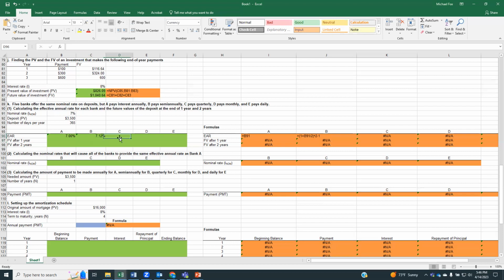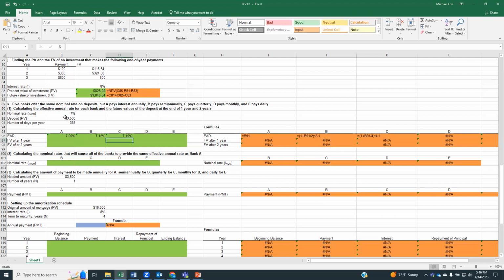So if we go to C, which is quarterly, which means 4 periods in a year, we're going to say this equals 1 plus the interest rate divided by 4, raised to the number of periods, which is 4 minus 1 power.